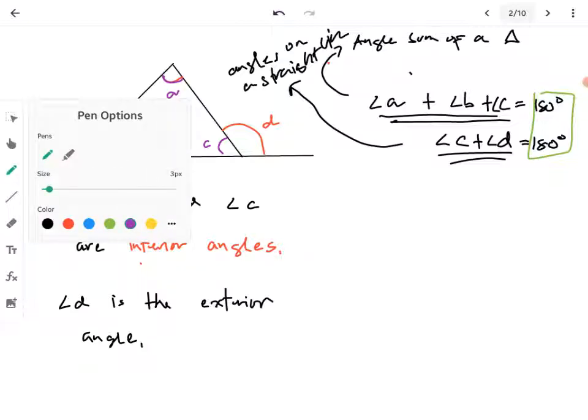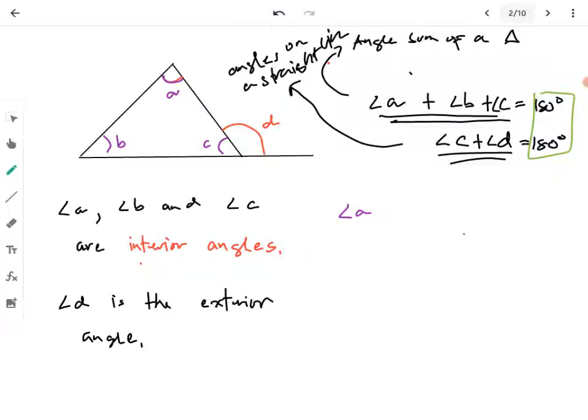So we say that angle A plus angle B plus angle C is equal to angle C plus angle D. This one is from the first equation, and this one is from the second equation. They are both equal to 180 degrees. So therefore, we can make another equation equating this sum of angles.